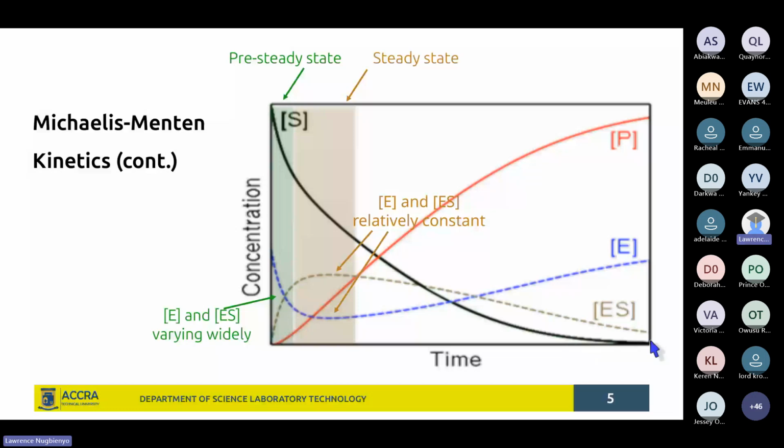Now, how about the enzyme? How is the enzyme going to fare in this reaction? Again, at the beginning of the reaction, you have a certain concentration of the enzyme. The enzyme is free at that moment. It's not bound to any substrate molecules yet. And so you have the enzyme concentration being high. That is, all the enzyme molecules were free.